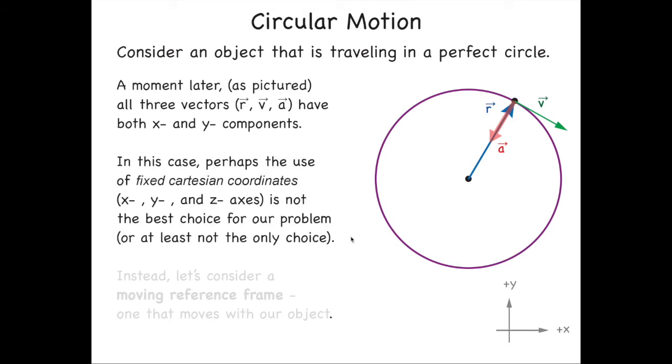So in this case, perhaps the use of these fixed Cartesian coordinate systems, right? X always pointing to the right, y pointing up, z pointing out of the board, is not really the best choice for this problem. At least it's not the only choice. So let's at least consider moving to what's called a moving reference frame. A moving reference frame is one that doesn't just sit there and stay static, but actually moves along with the object that we're interested in.